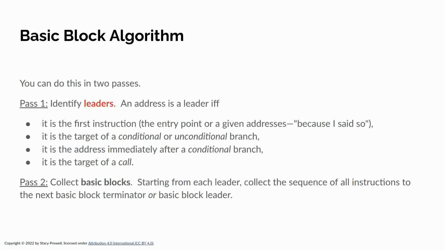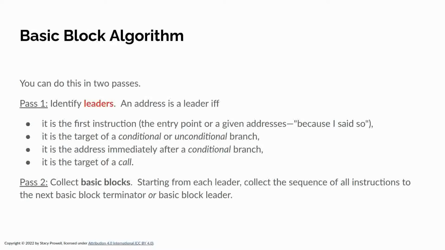It might be the target of a conditional branch, or it might be the address immediately after a conditional branch, right? Both of those are places where the linear control flow broke and where a new basic block starts. So if I say jump if equal to address 140, well, 140 is now a basic block leader because that's where linear control flow is going to start.